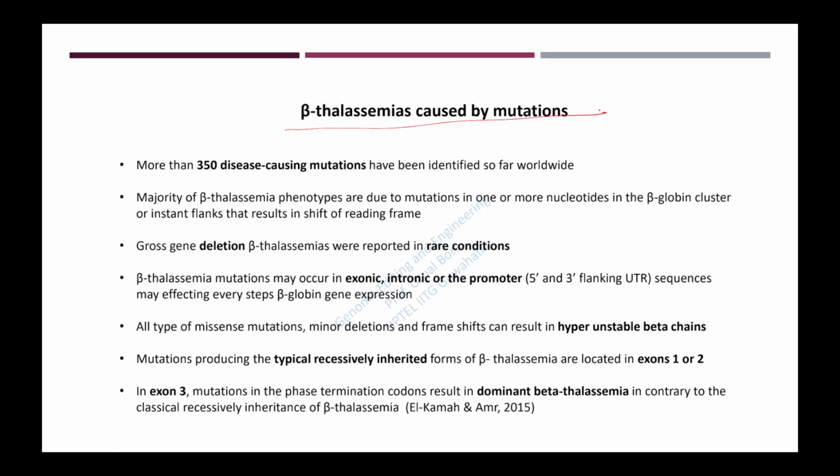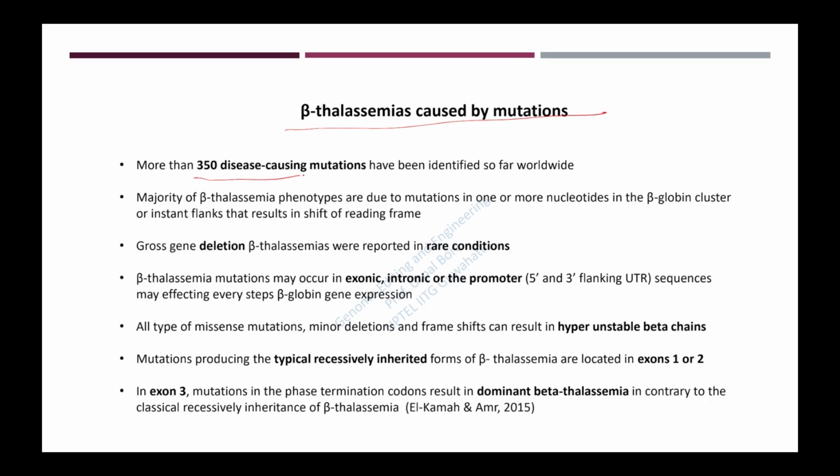Similarly, beta thalassemia is also caused by several mutations in the beta gene. Some mutation affects the beta gene making it incorrect, or there is a mutation that creates a stop codon in the gene of interest, and that is how the beta gene is not able to produce its product.